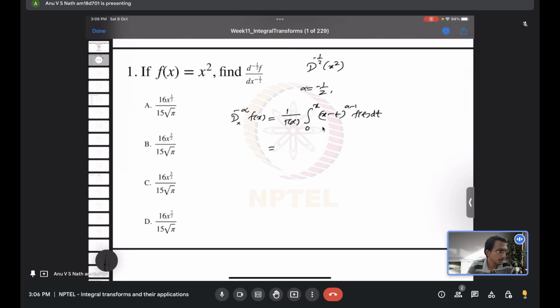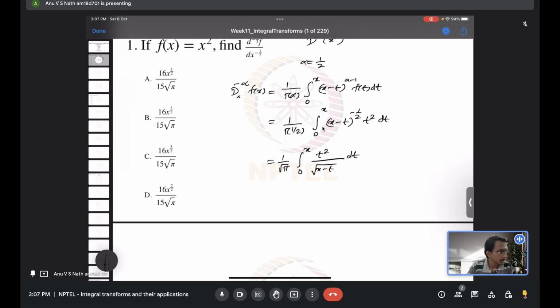So here it's gamma of... I made a mistake. According to this expression, alpha is half. So it's gamma of half, integral 0 to x of (x minus t) the whole raised to alpha minus 1, which is minus half, into f of t, which is t square, dt. Gamma of half we know is root pi, so it's integral 0 to x of t square by root of (x minus t) dt.